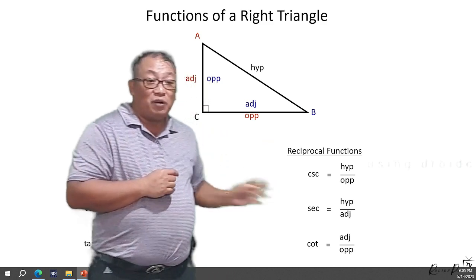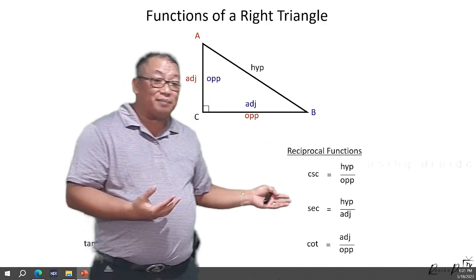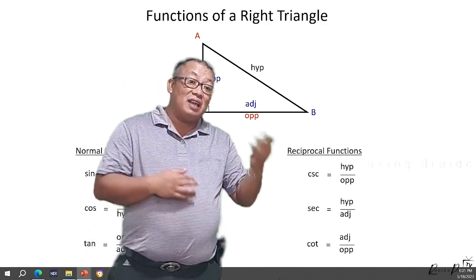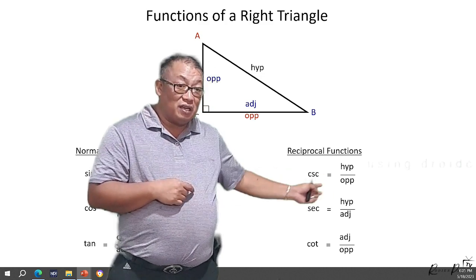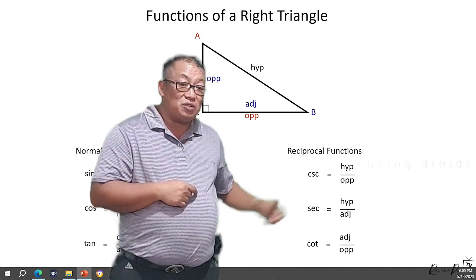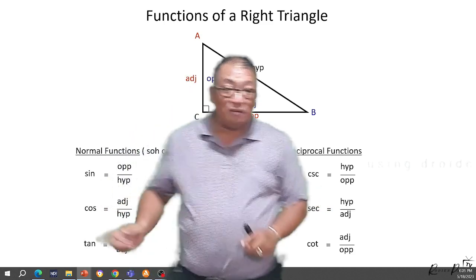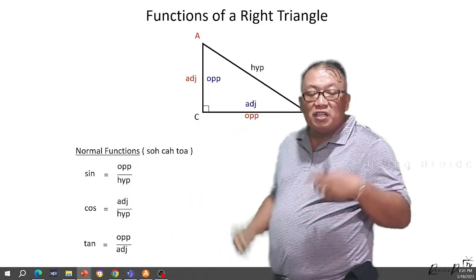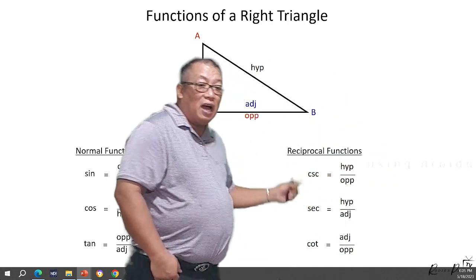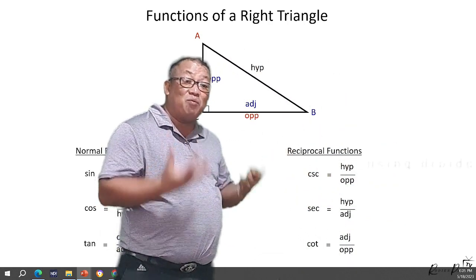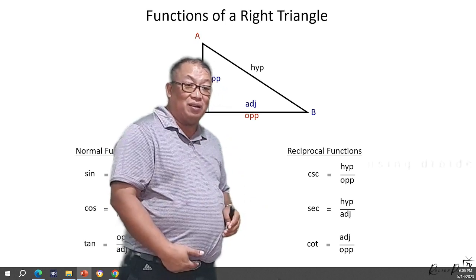But for the purpose of discussion, cosecant: opposite over hypotenuse is sine. If you reverse this one, it will be hypotenuse over opposite. The name will become cosecant of an angle.